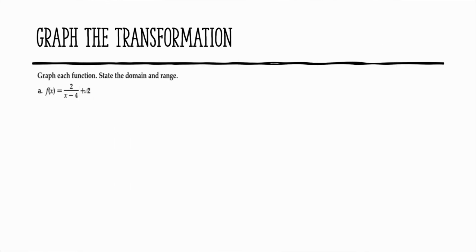Now let's graph this and state the domain and range. First, I will start with A and say A stretched. It's a stretch because it's greater than 1. Okay, my graph stretched. And then we come to the value of h.